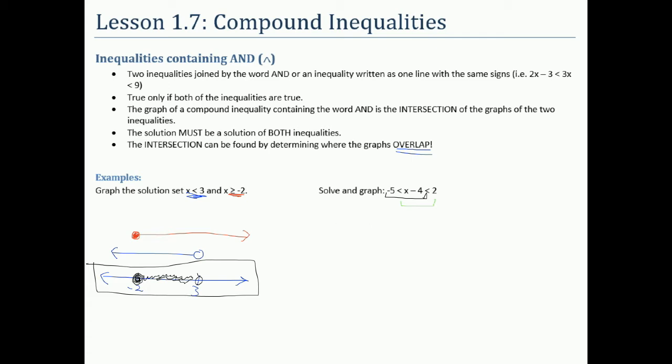So we can rewrite this as -5 is less than x minus 4, and put this as the green part here, x minus 4 is less than 2, and we solve each of these individually. So we can add 4 to both sides.